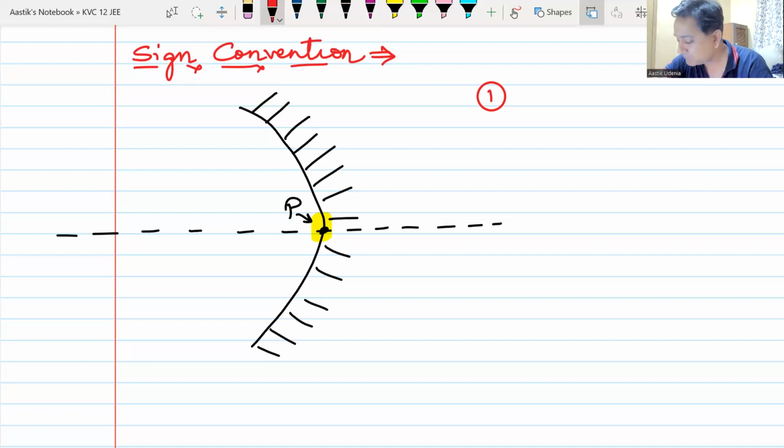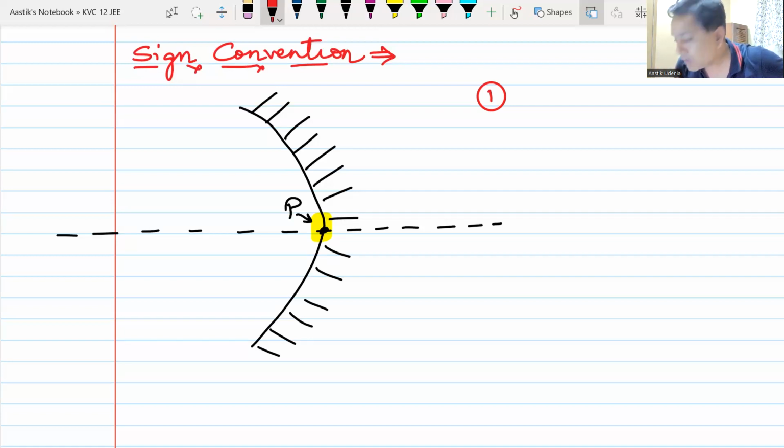Do you remember this? Sign convention for 1D motion. Okay. Now see the sign convention for mirrors, and similarly we'll have a sign convention for refracting surfaces as well.